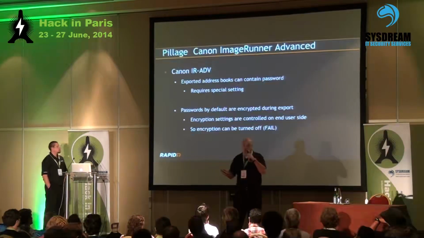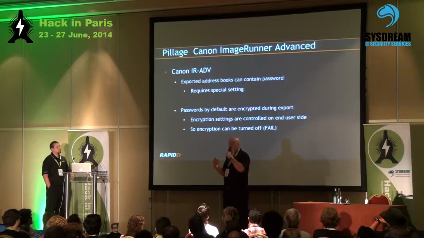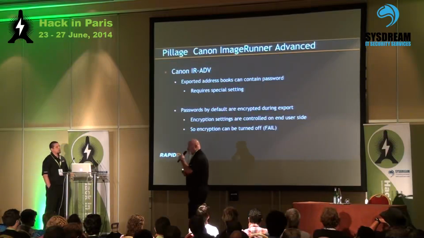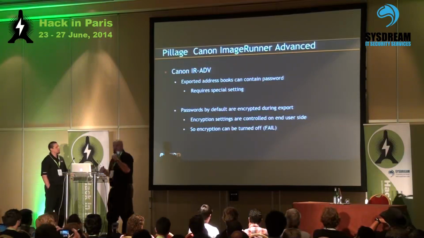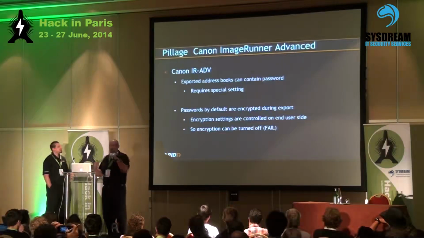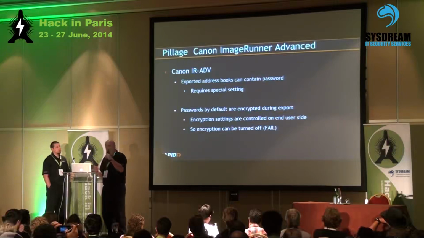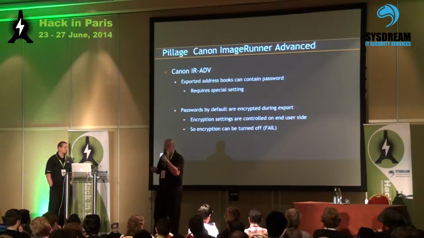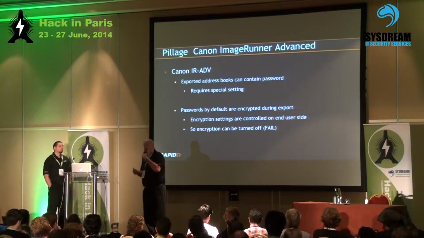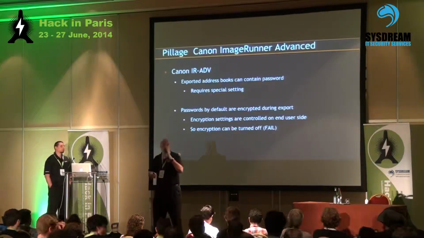So it's going to give us the passwords, but they're going to be encrypted. Well, fortunately for us, the way they designed this is the control of that encryption is at the user's level. So as part of the post process to make this request, we can alter some settings that will give us the ability to extract the passwords in plain text.